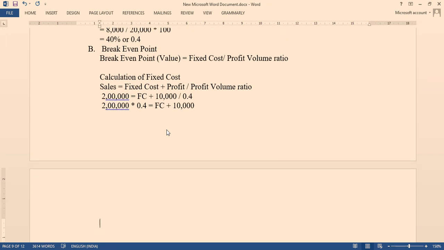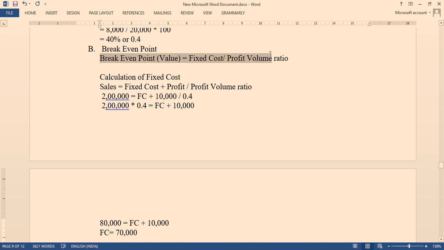If you calculate this, 2 lakh into 0.4, we get 80,000. 80,000 equals fixed cost plus 10,000. So the fixed cost is approximately 70,000. We receive 70,000 as the fixed cost.